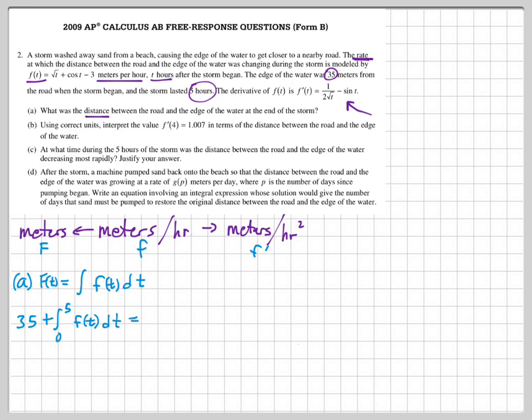Now, because this is a calculator problem, I want to give you guys some tips on using the calculator to solve something like this. First thing we're going to do is take our two functions, this function right here and this function right here, and plug them into our calculator. So to do that, press the y equals button, or your function button if you don't have a TI, and carefully put in your two functions.